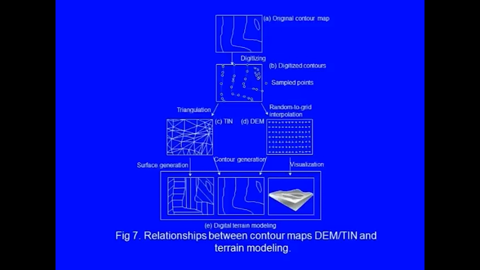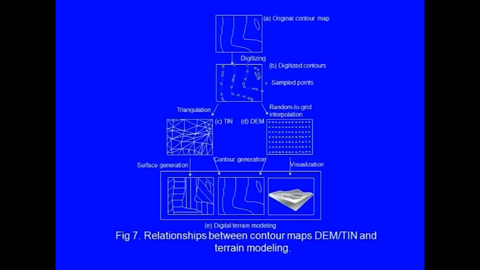Now, depending on the method of data conversion and subsequent generation of DEM, we may have 2 different paths before we arrive at the same path as shown in this particular figure.